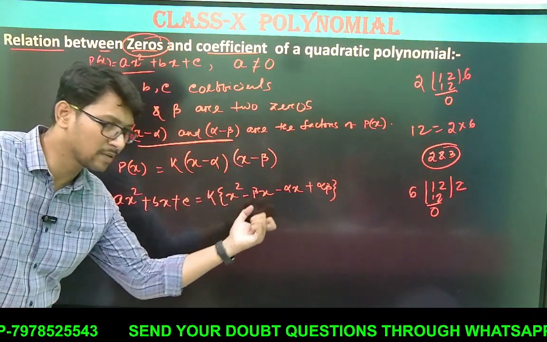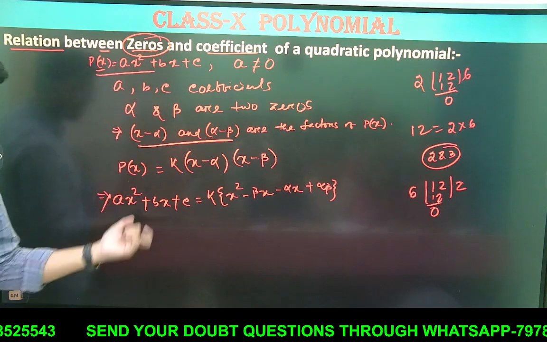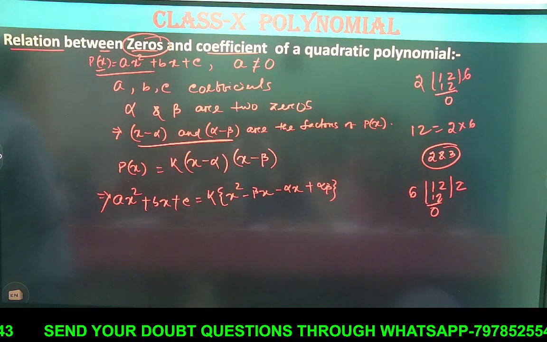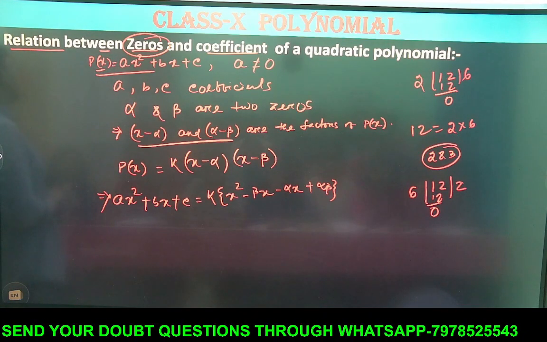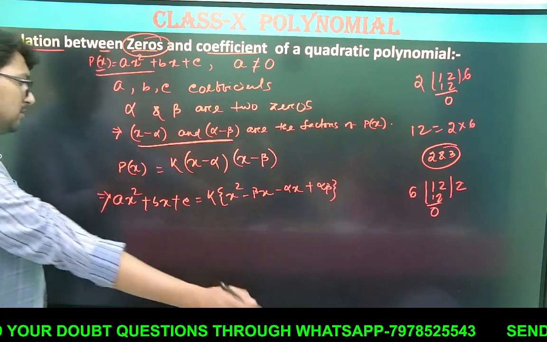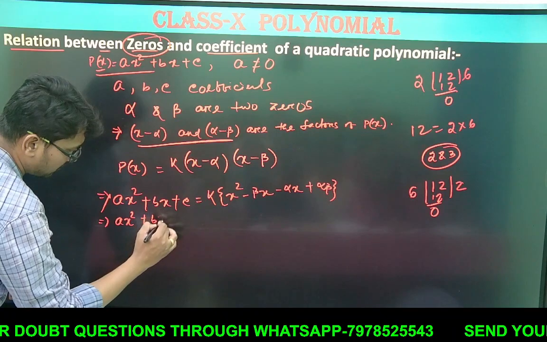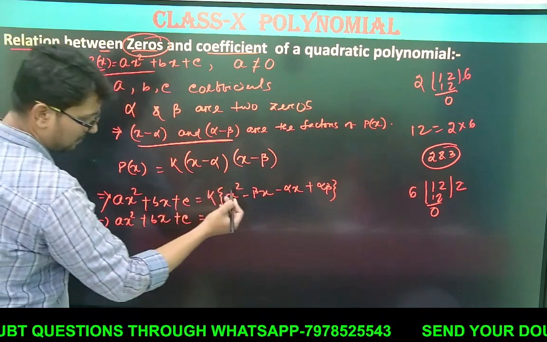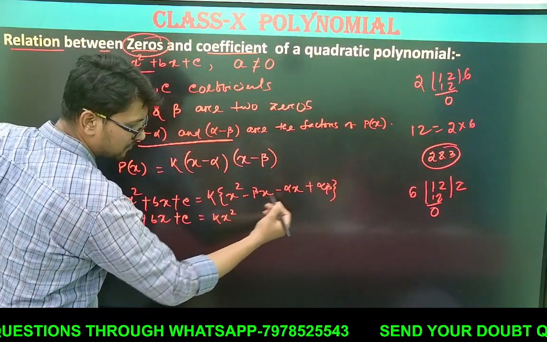Who has not understood this step? Here in place of p of x, I have written the general form, the polynomial, and here only I have multiplied these two factors. Everybody clear? Any doubt? Now check: we can write ax square plus bx plus c equals, I can write kx square, from these two the common is there.